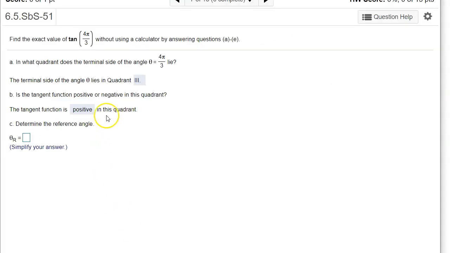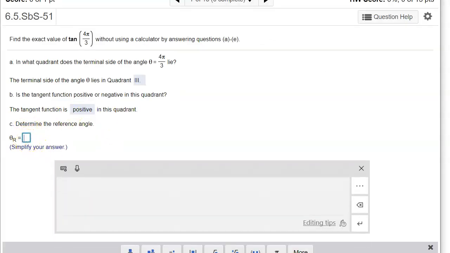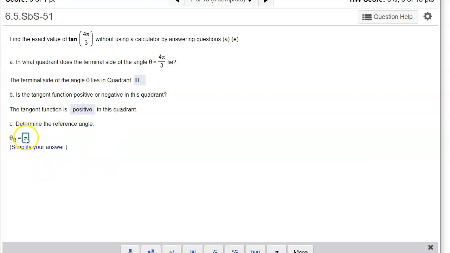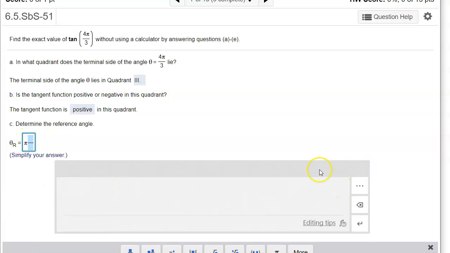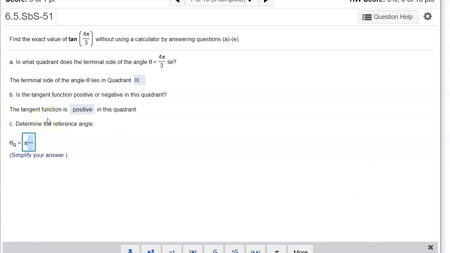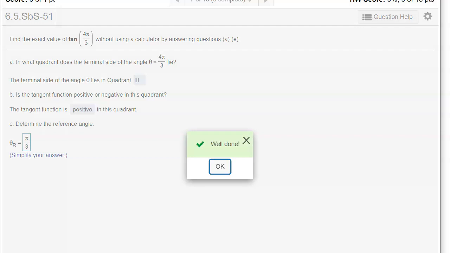So we come right there, do pi, and then, oh wait, I have to do a fraction. Let me actually type this. Pi over 3. We check that, and it is correct.